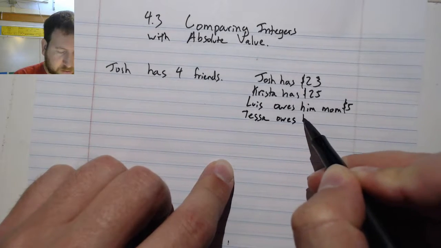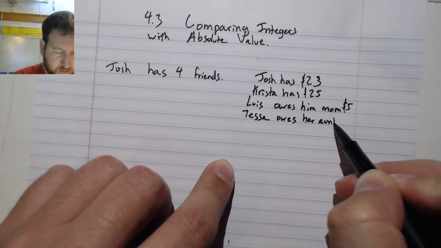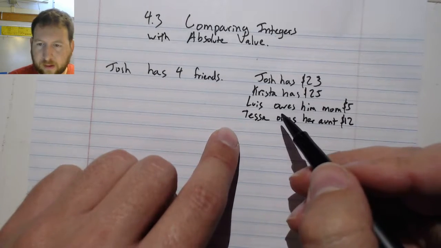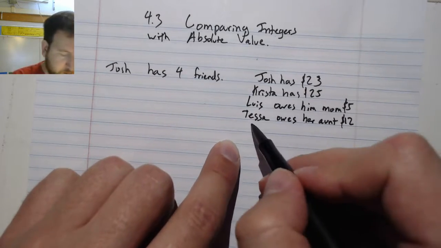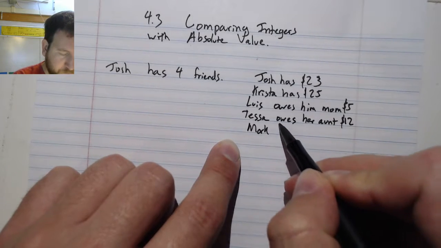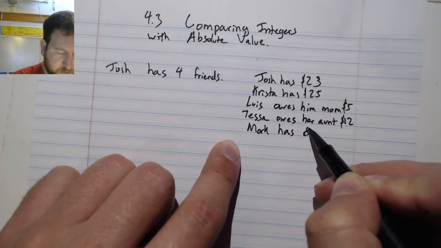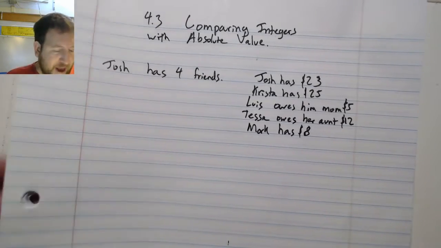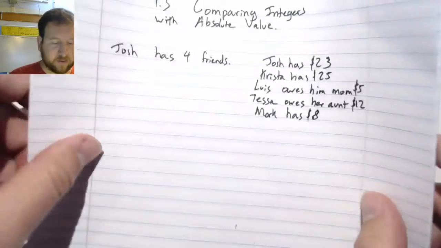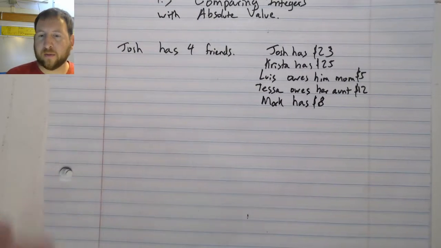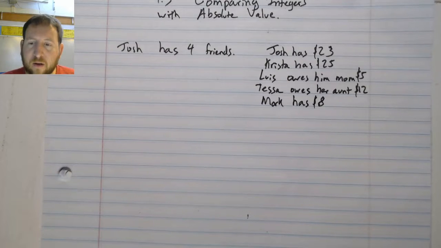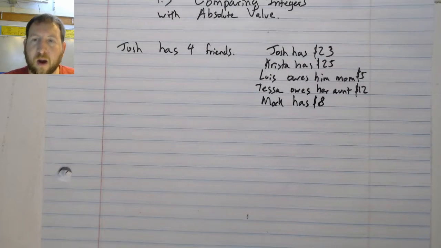Tessa owes her aunt $12. And Mark has $8. And what we're going to need to do is compare these values of money that all of his friends have, and we're going to be comparing with our absolute value.